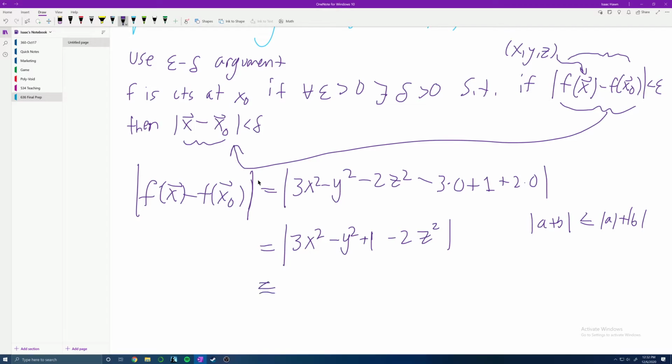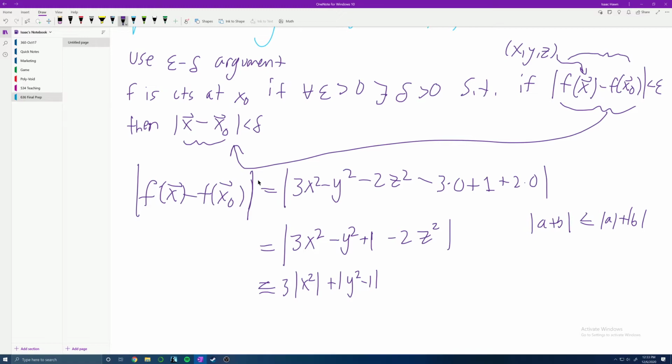This is all less than or equal to 3 times the absolute value of x squared. And I realize I don't need to put that absolute value there, but I'm just going to so we can stay organized. And that'll be plus the absolute value of y squared minus 1. You see how I just switched the signs around there.